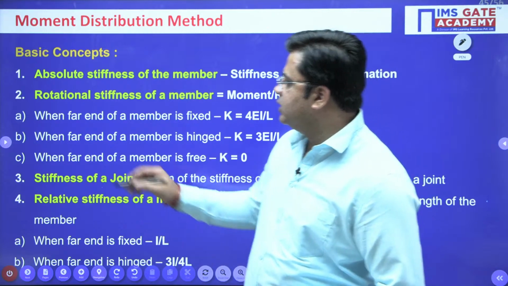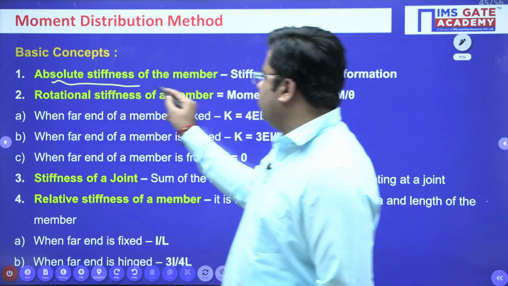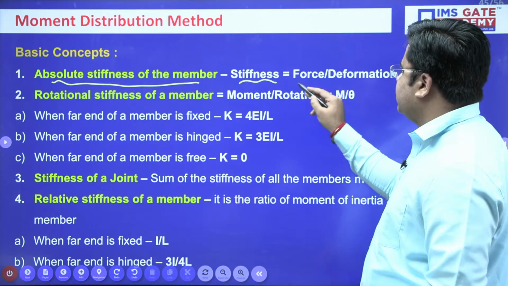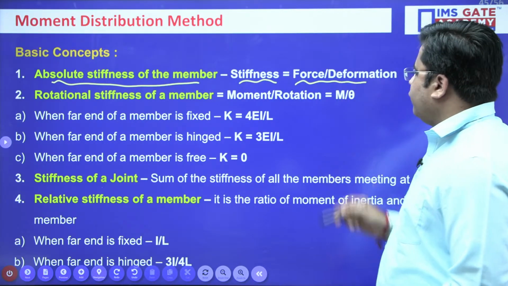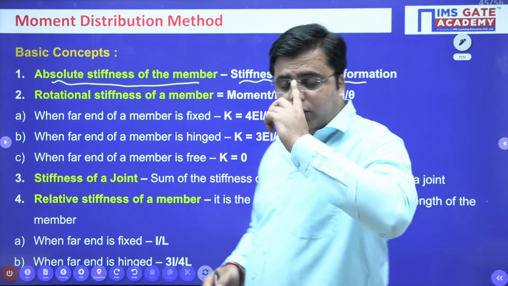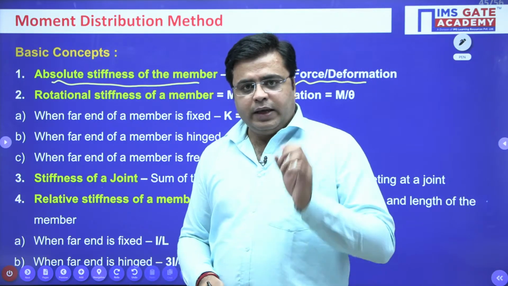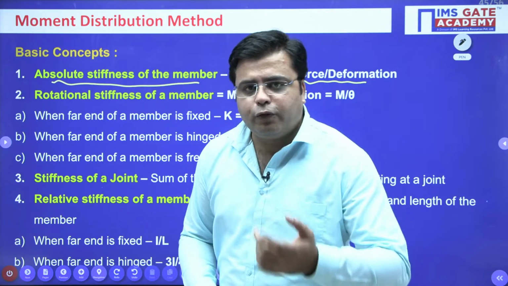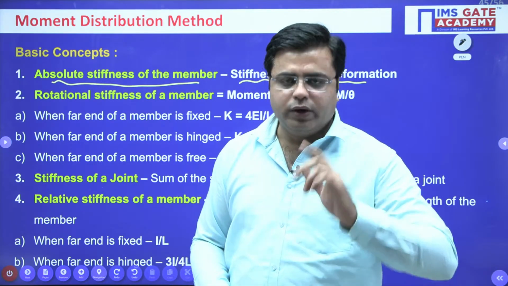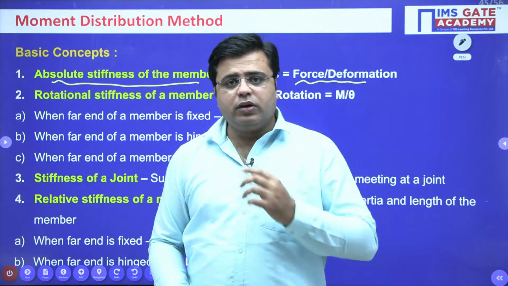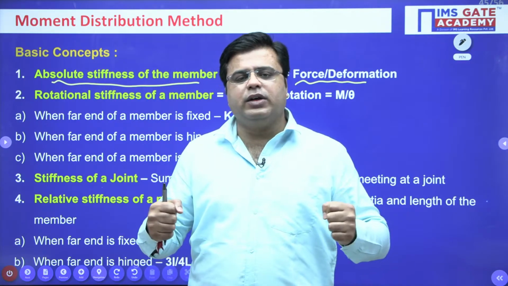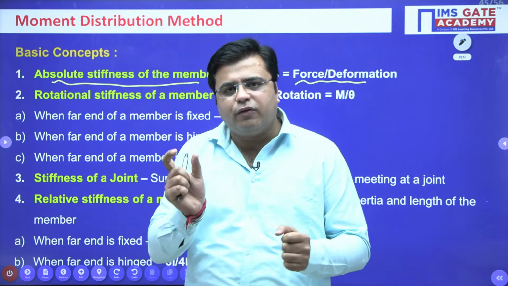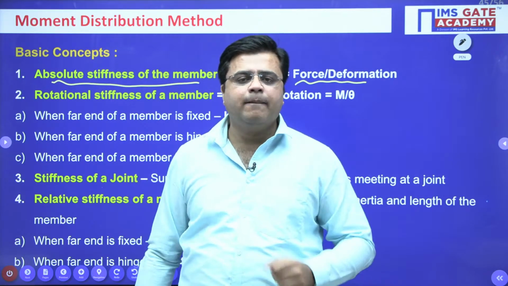So first one is, what do we mean by absolute stiffness of the member? Absolute stiffness of the member is the force required for causing unit deformation. Stiffness means the amount of force required to cause the unit deformation, right? If we talk about the axial stiffness, we are talking about the axial force which will cause unit deformation in the axial direction.